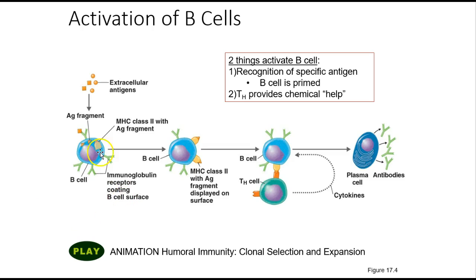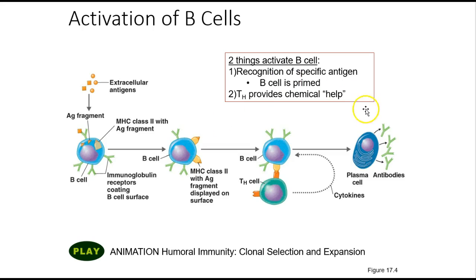So let's look at the picture. Here are some foreign bodies, and we get them into the cell. We're going to put those foreign bodies on the outside. That's going to be an activated MHC2 complex. And that's going to have a B cell and a T cell. The T cell activates this guy in this reaction. There's a little step missing, but basically the B cell will start to clone itself.